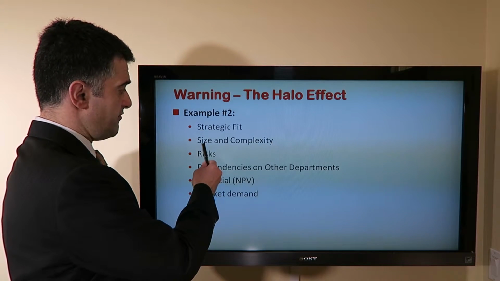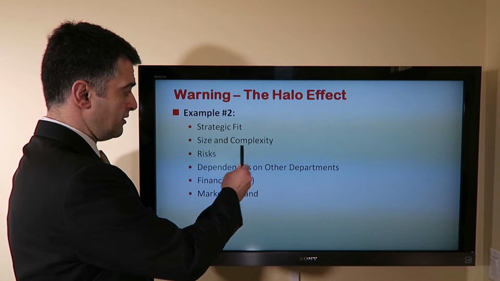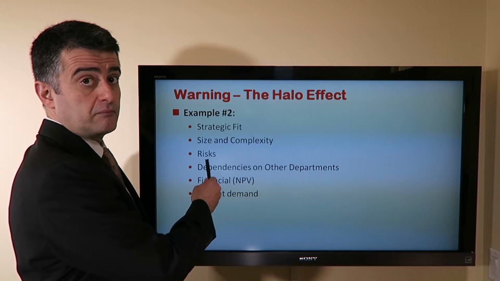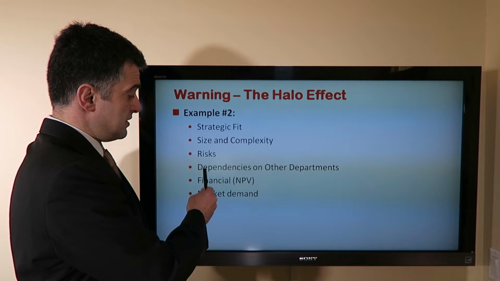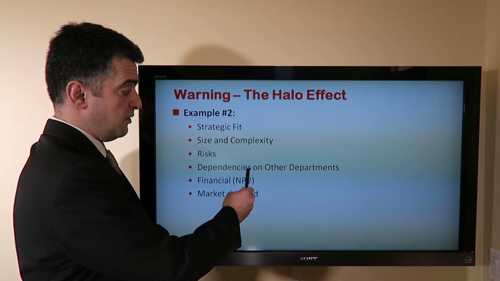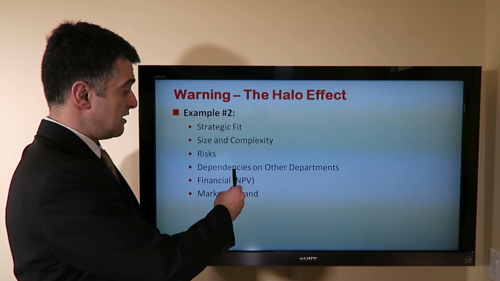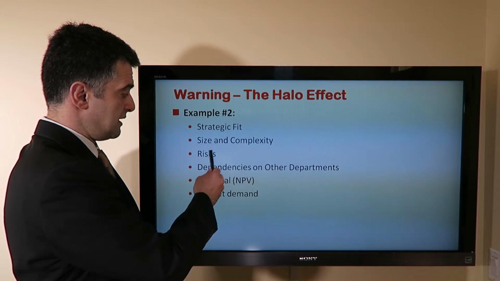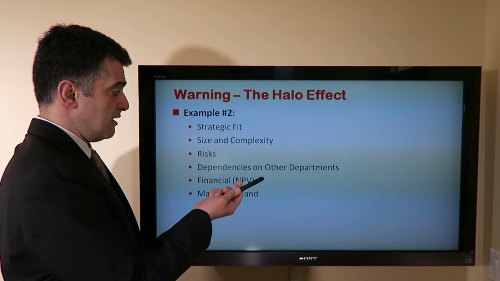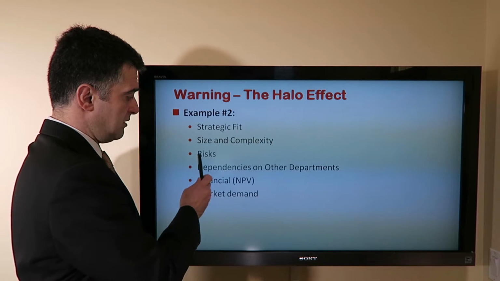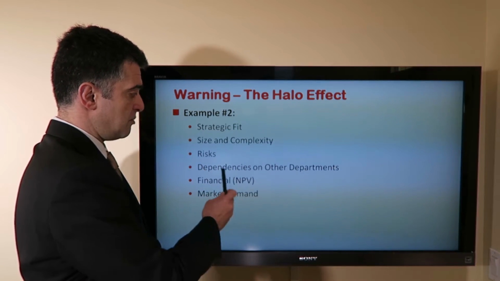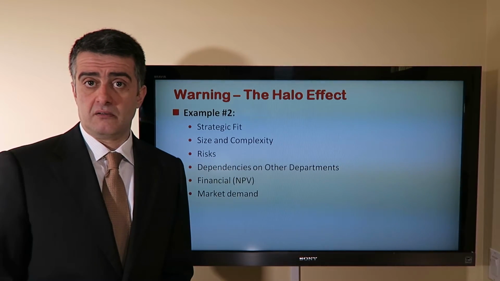The projects that are very large and very complex are going to carry a lot of risks with them. The projects that have dependencies on many other departments are very likely to be larger, more complex, and carry more risks. So basically what I'm saying is that these variables, risks and dependencies on other departments, are also very highly correlated.